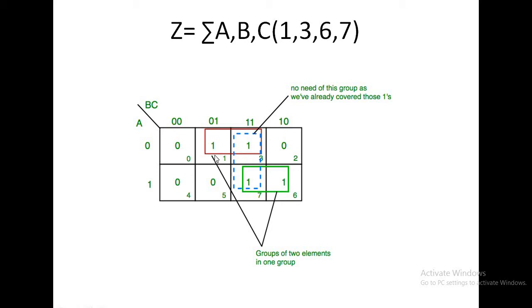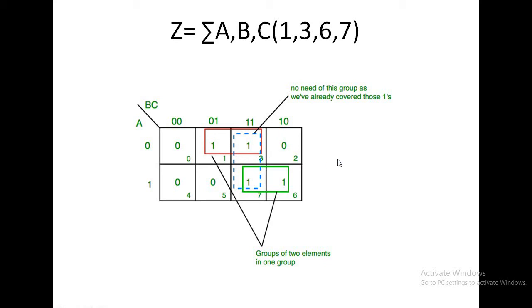Here also 2 ones are there, so these form one group. Groups of 2 elements in one group. And here also 2 ones are there, but this group is not needed because we have already covered those ones. This one is covered in this group, and this one is also covered in this group. So this group is not needed.